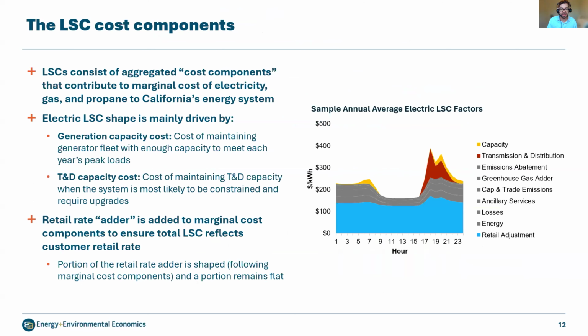I won't go into too much detail on how these are derived, but just to spend one slide on it, these are essentially aggregated cost components that are capturing the marginal cost of electricity, gas, and propane to California's energy system.